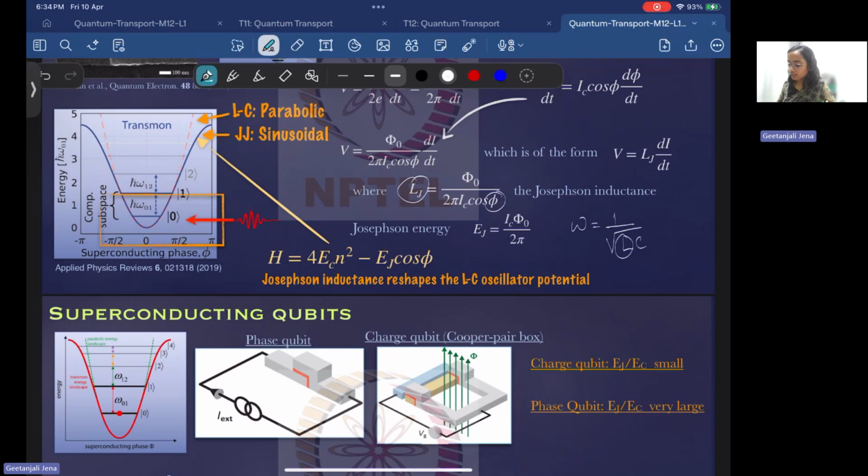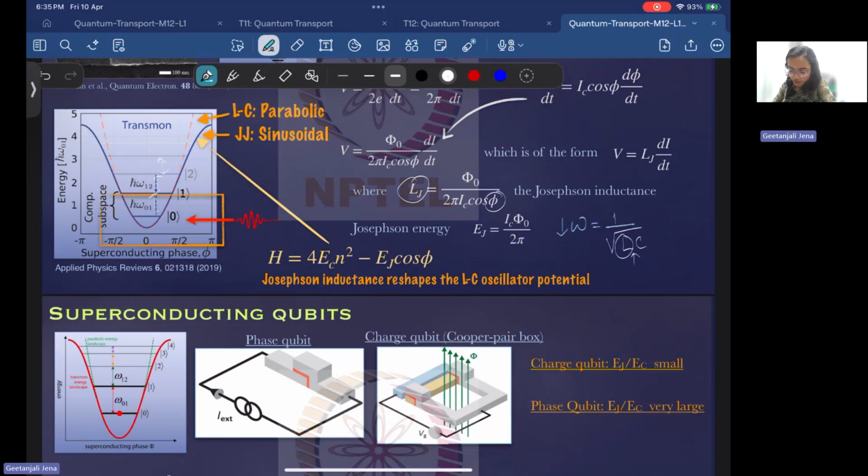So as we vary phi, as we increase phi, the L changes, and according to that, the omega will also change. Okay. So that means these energy differences are different from the simple LC oscillator.